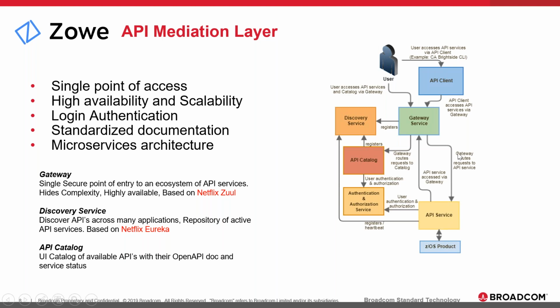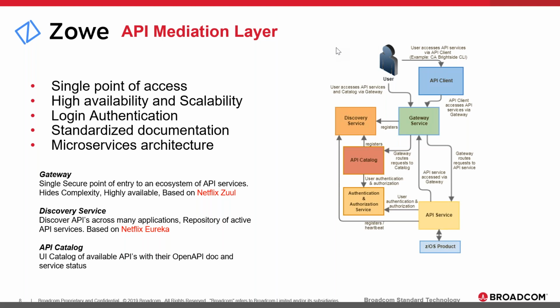It gives you a single point of access for all system APIs originating from the mainframe platform. It also gives you a standardized look and feel of the API documentation using something called the Swagger component. And in addition to that, it should give you a cloud-like experience, such as high availability and scalability of resources.